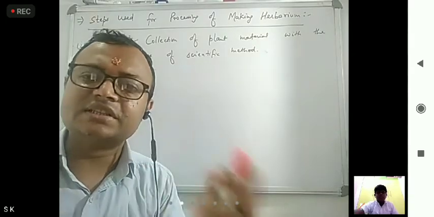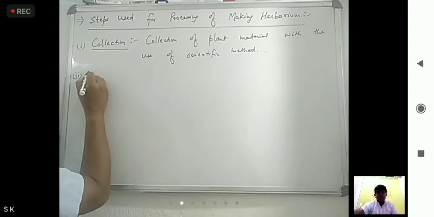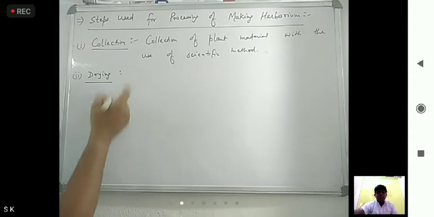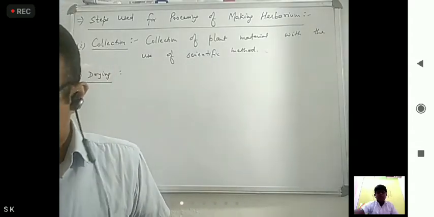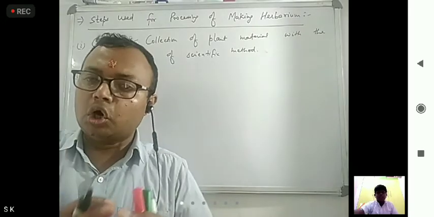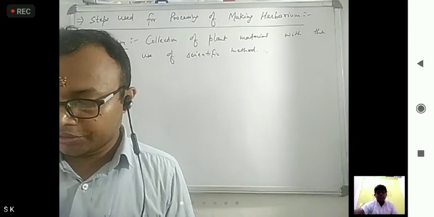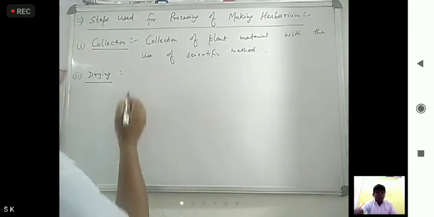Next step is drying. The plant material that has been collected is pressed in ordinary newspaper folder. Okay, so what is it?